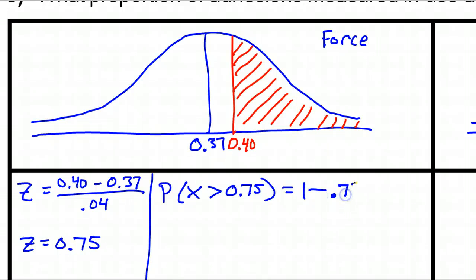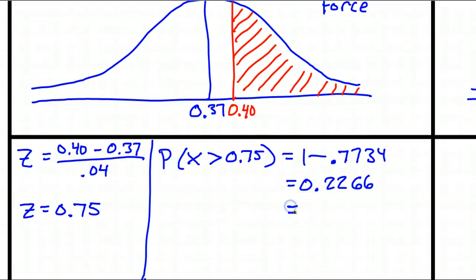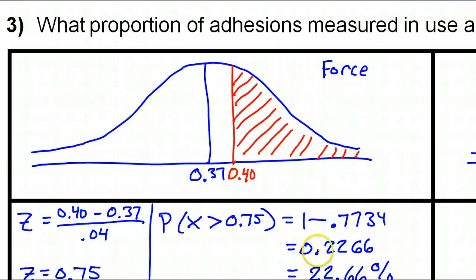But because it's to the right, I have to do 1 minus that value. So in the calculator, 1 minus 0.7734 gives me 0.2266, which is 22.66%. So that is what I needed.